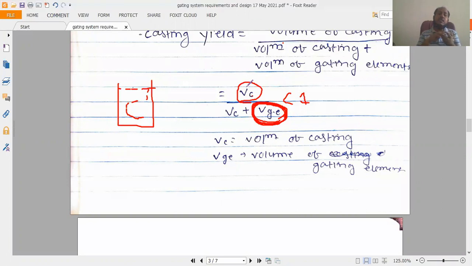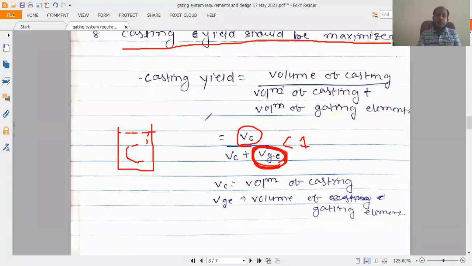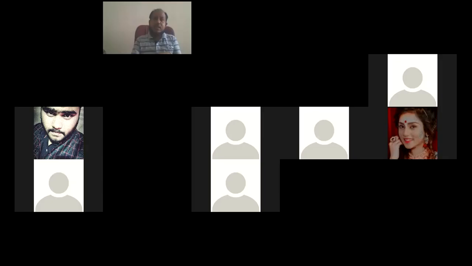So all these things are required, and this requirement can be fulfilled if we design the proper gating system when we make the casting. I think everyone now has clarity on why the gating system is required.